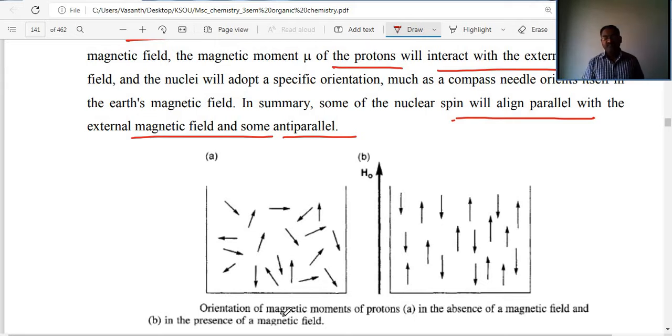Here we see the orientation of magnetic moments of protons in the absence of magnetic field. They move randomly. But in the presence of a magnetic field, they align parallel.